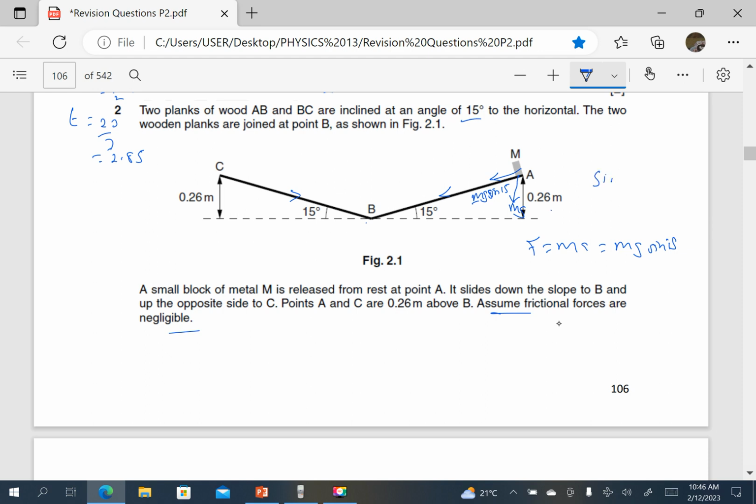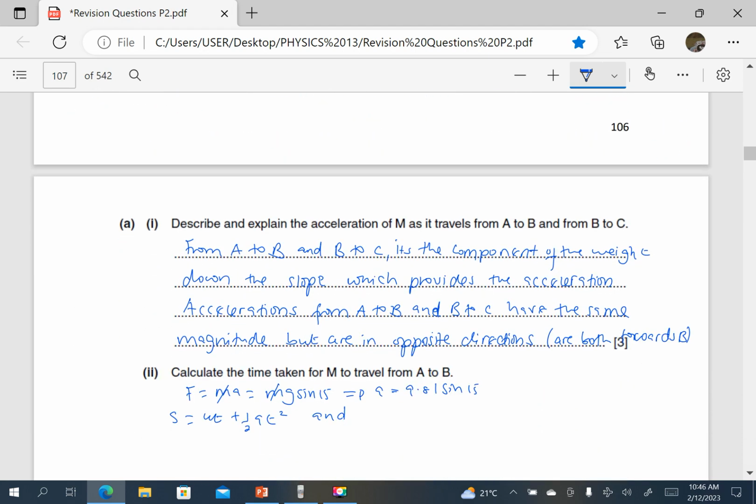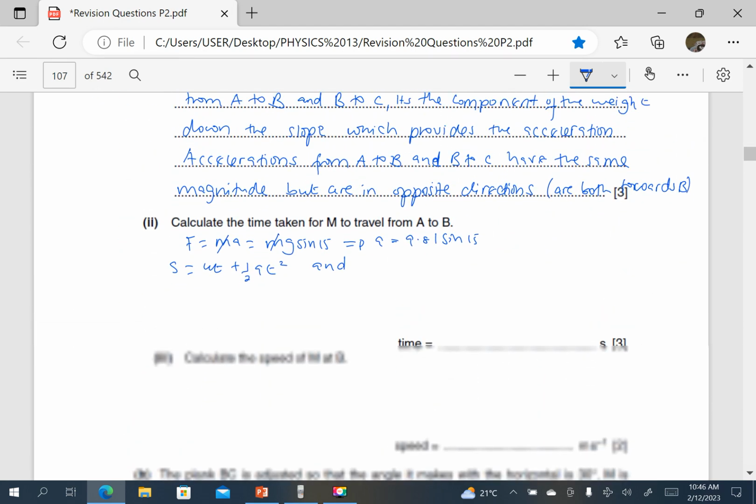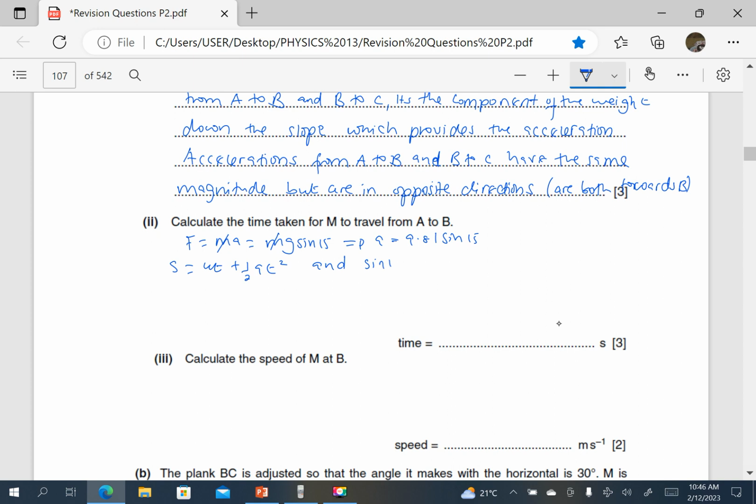So sine of 15 is equal to the opposite, which is 0.26, divided by the distance AB, which implies that the distance AB is equal to 0.26 divided by sine of 15.